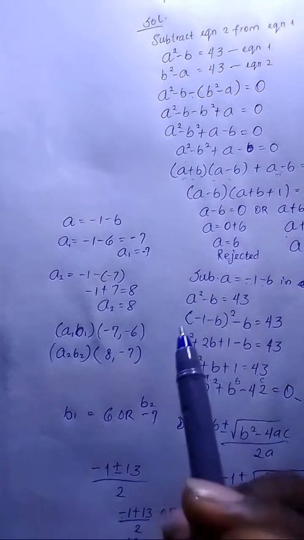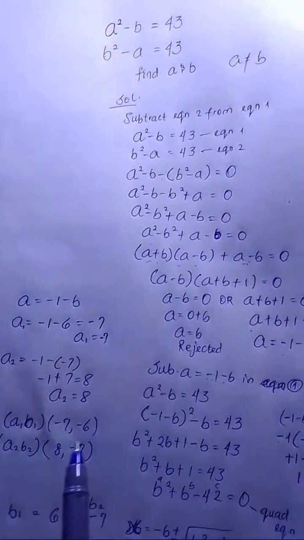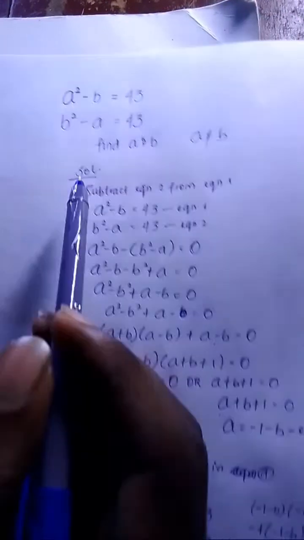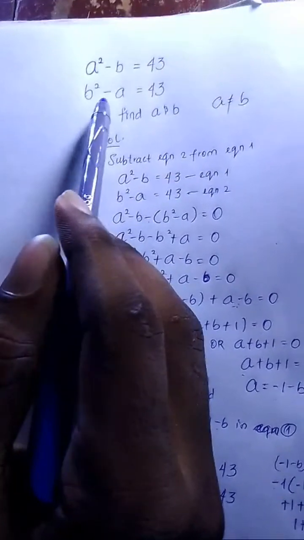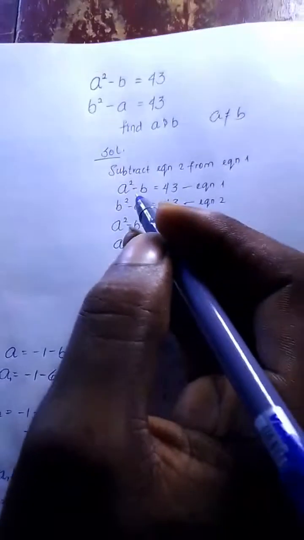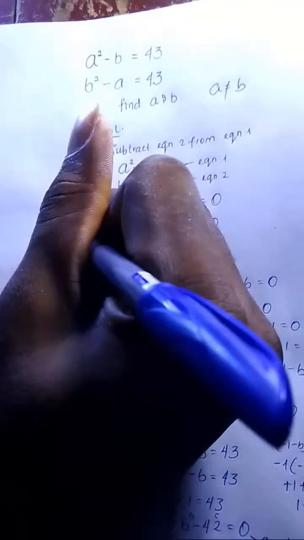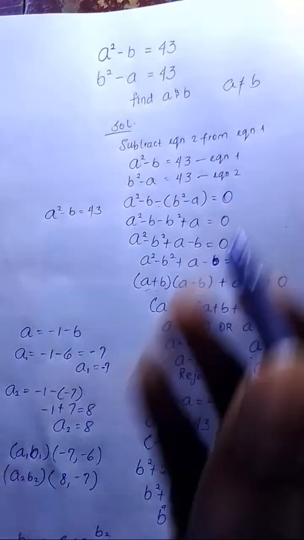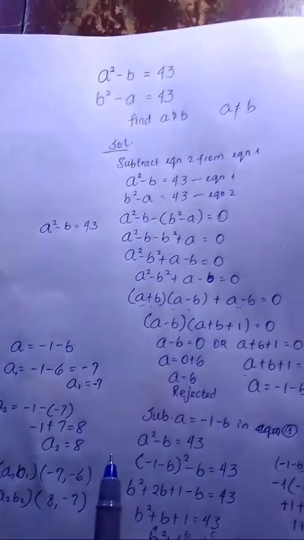So now we can substitute these values A1, B1, A2, B2 into the original equation we had here, A squared minus B equals 43. Now let's check if our answers are correct. Let's use A1 and B1.